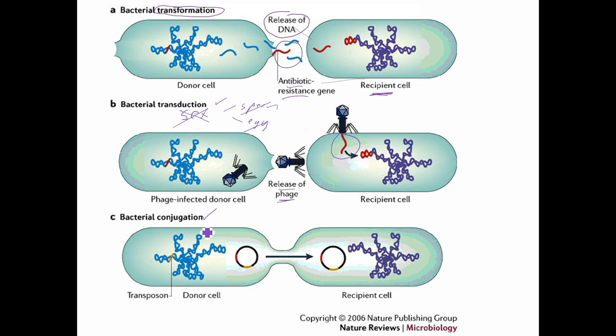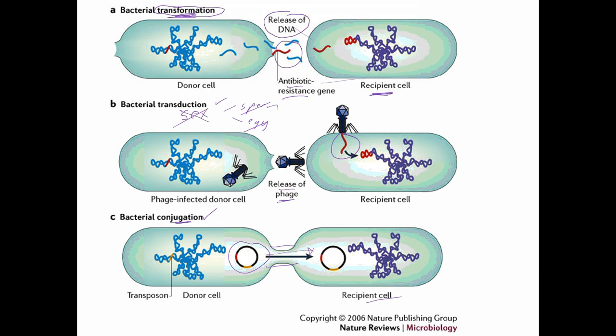Sometimes bacteria do get together in a process called conjugation, and they form a little connecting tube between the two, and then we can have this plasmid that contains the resistance gene traveling over from the donor to the recipient cell. But overall, just treat all of these as a form of transformation whereby the bacteria can acquire a new trait, and it's not acquiring the new trait due to a mutation.